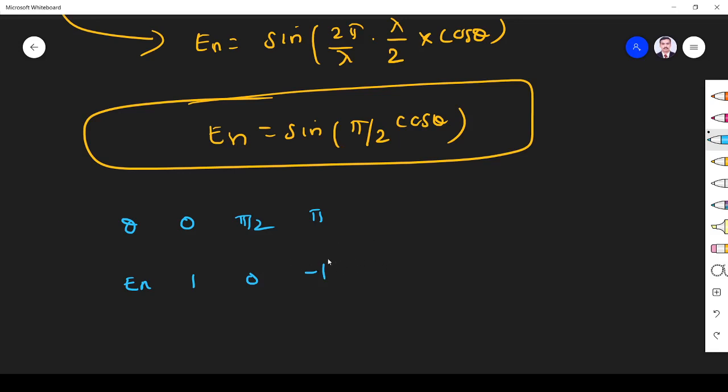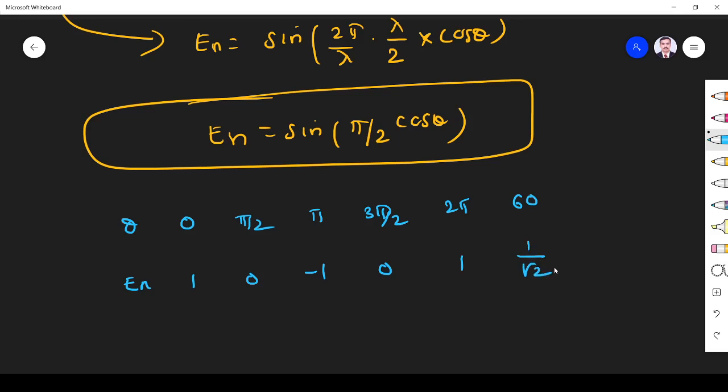When theta is equal to 270, 3 pi by 2, cos 3 pi by 2 is 0, sin 0 is 0. At 2 pi, cos 2 pi is 1, sin pi by 2 is 1. Now cos 60 is 1 by 2, sin pi by 4 is 1 by root 2.